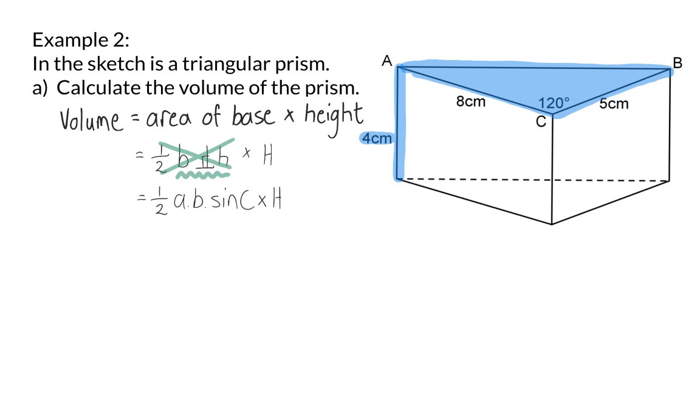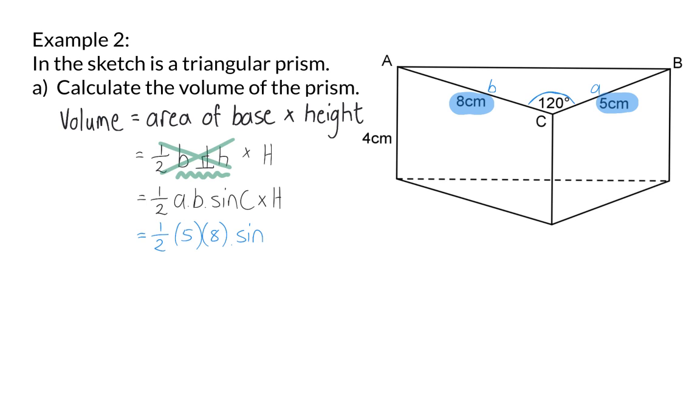So if we focus on our triangle, we have small side B as 8, small side A as 5, and the angle in between, which is angle C. So we can go and substitute this into the formula and have half multiplied by 5 multiplied by 8 multiplied with sin of C, which is 120 degrees, and then multiply all of this by the height, which is 4 centimeters.